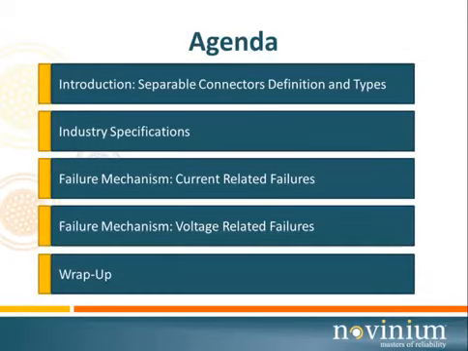Now, you have to remember that most current-related mechanisms may start as a heating problem, but they only manifest themselves to an engineer when they become a dielectric failure and they trip the breaker out. And then we're going to wrap up. At that point, we're going to take questions after the wrap-up.